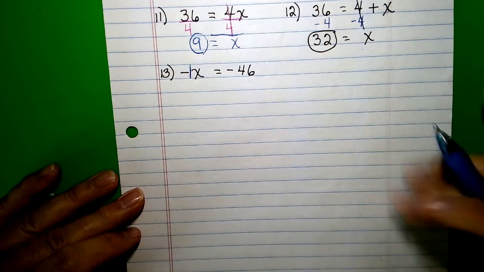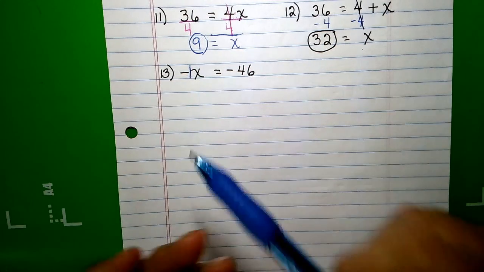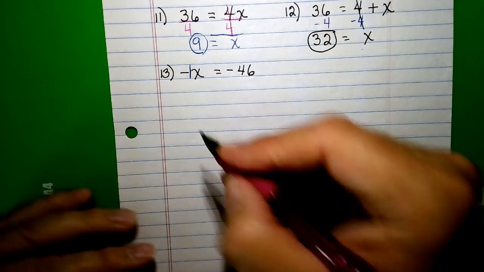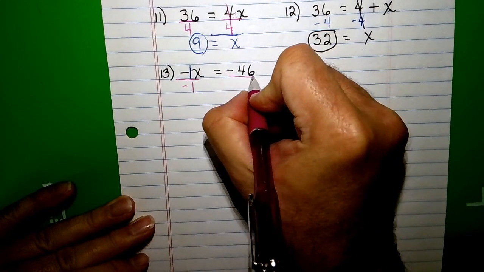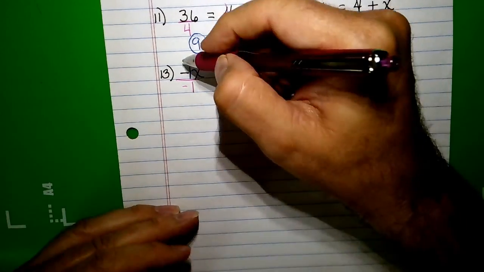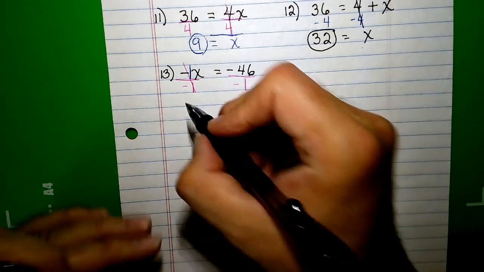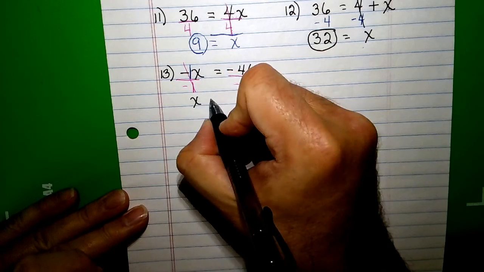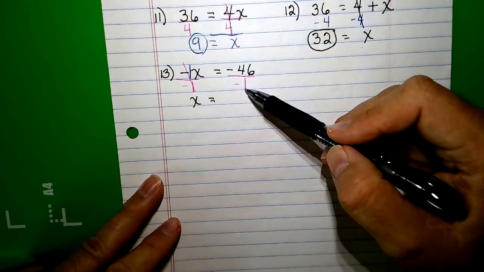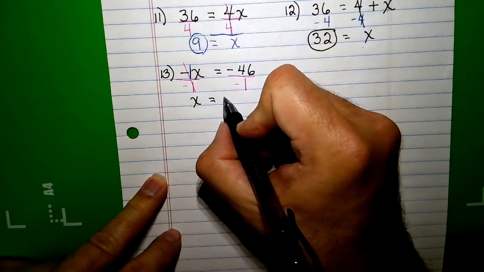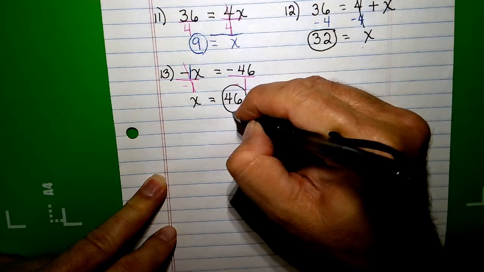And then what's the operation? It's negative 1 times x. So divide both sides by negative 1. And negative 1 divided by negative 1 is a positive 1. So on the left, we just have an x. And what do we have on the right? Negative 46 divided by negative 1. Positive 46.